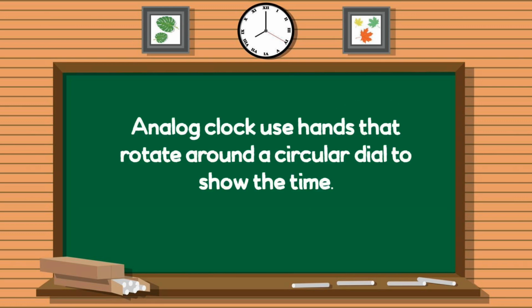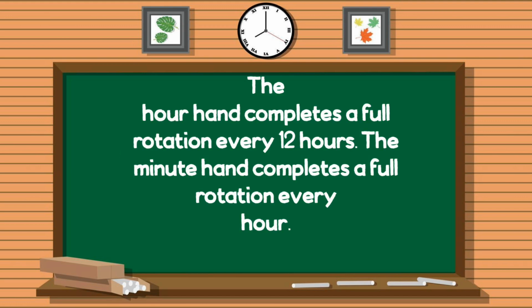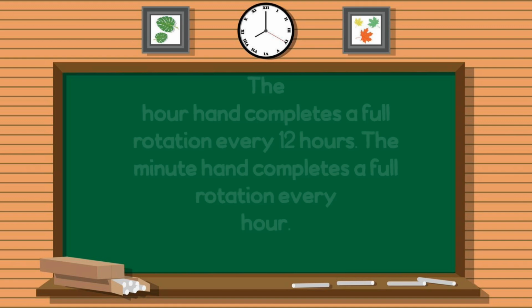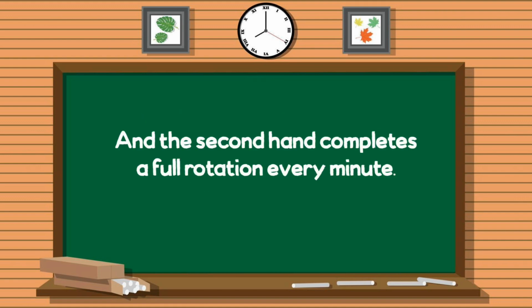Analog clocks use hands that rotate around a circular dial to show the time. The hour hand completes a full rotation every 12 hours. The minute hand completes a full rotation every hour. And the second hand completes a full rotation every minute.